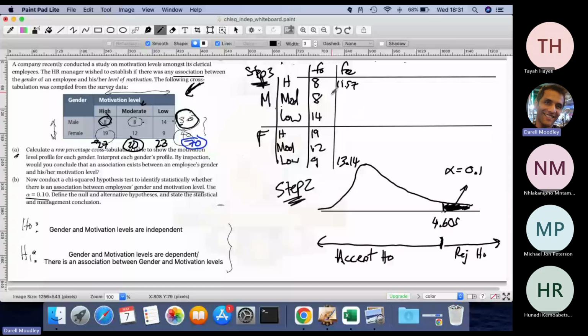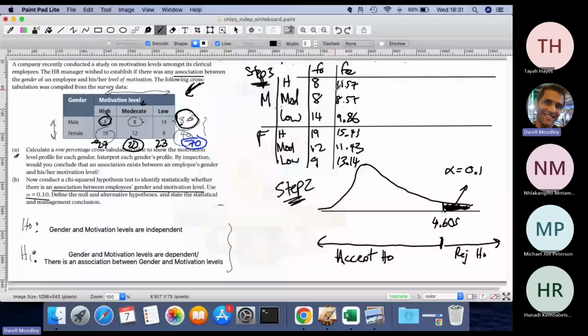Next value was 8.57. 9.6. Almost there. And females, 13.43. And then lastly, it was 11.4. All right, great. So no new calculations so far. I'm just rearranging the table and writing the numbers that we worked out so far.